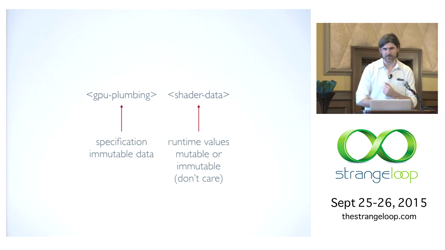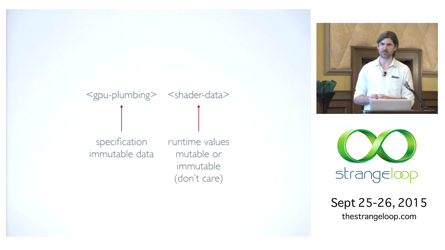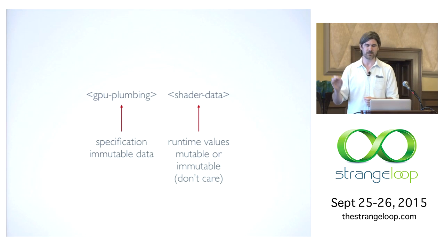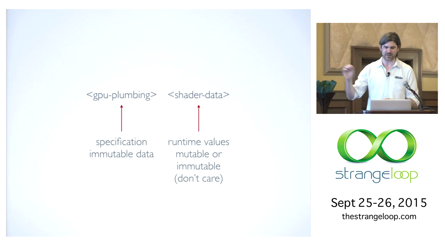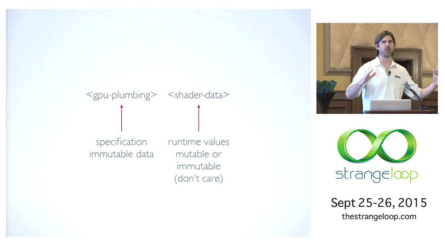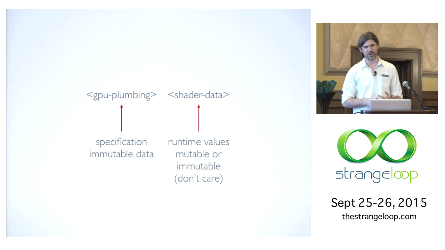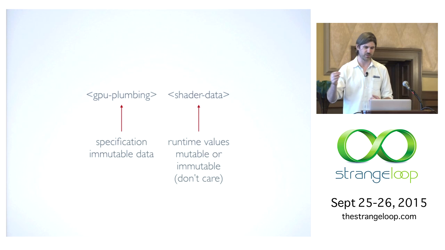Next thing we're going to do is, if you look at the state, there's actually 2 kinds of state. There's the state that the shader program actually sees, sort of the data in the array buffers or the data in the textures and the uniforms and so forth. And then there's just this pile of plumbing information. What texture unit is bound to which texture? Which array buffer is bound to which attribute?